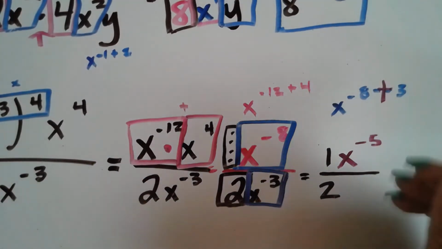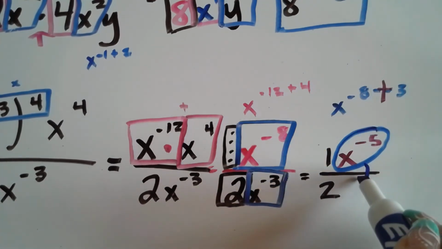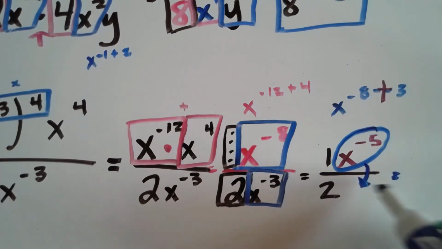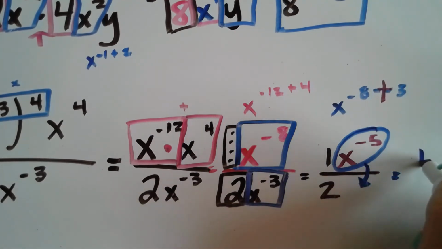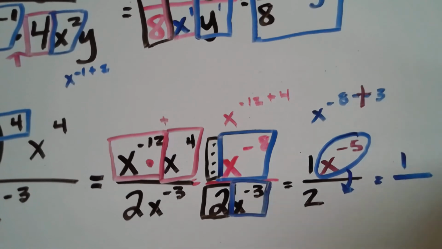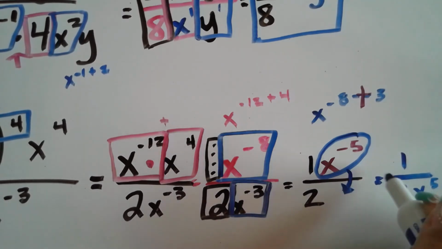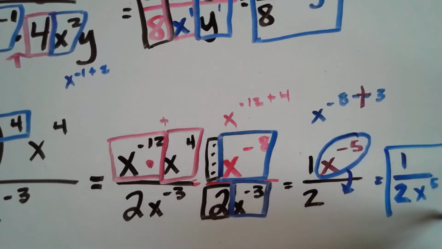And when I have a negative exponent, I take what's attached to it and I move it down. So I'm going to leave this 1 right here, and then I'm going to keep my 2, which is right here, and then I'm going to take this x to the 5th and put it like that. And that's your final answer.